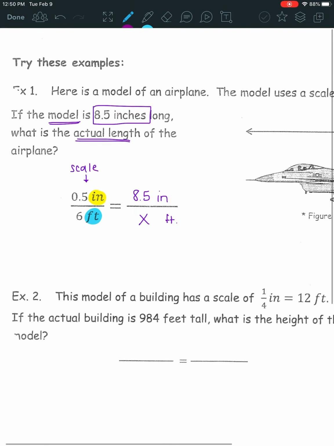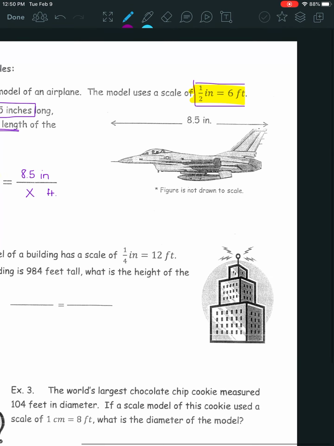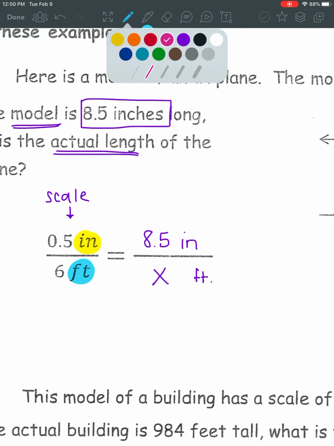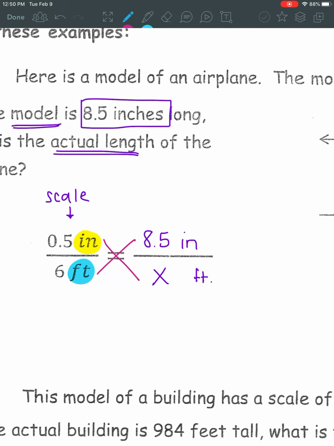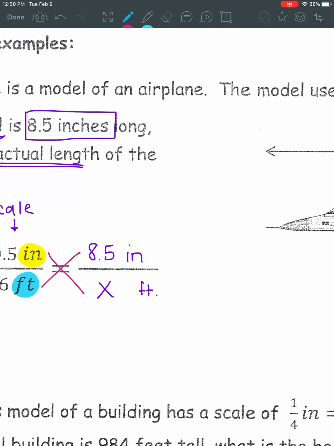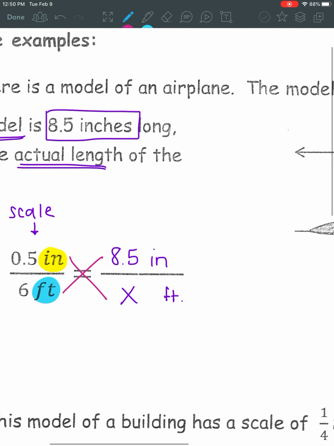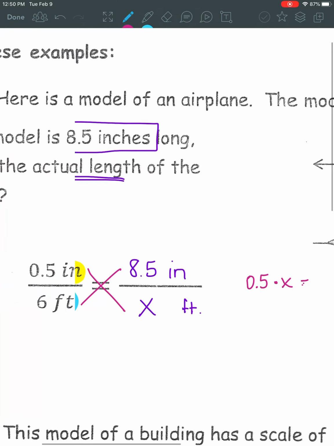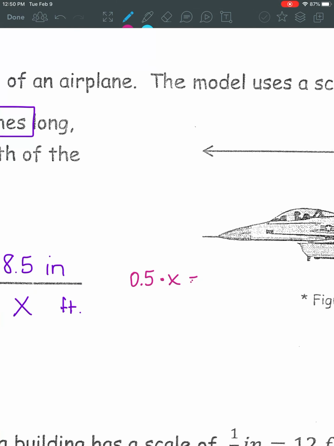Okay? So now we want to use our cross products. This part is not done for us, so we need to keep going. We will multiply the two diagonals and set them equal to each other. So one diagonal is 0.5 times x, and then the other diagonal is 6 times 8.5.